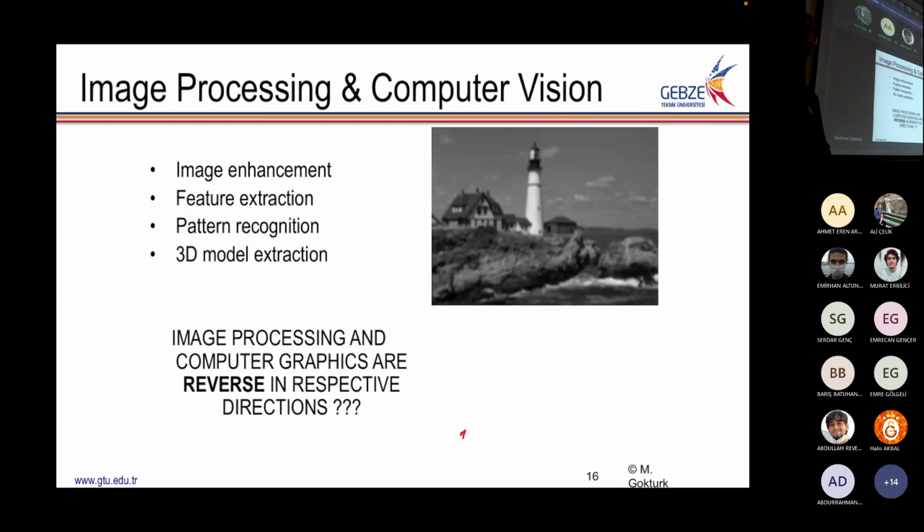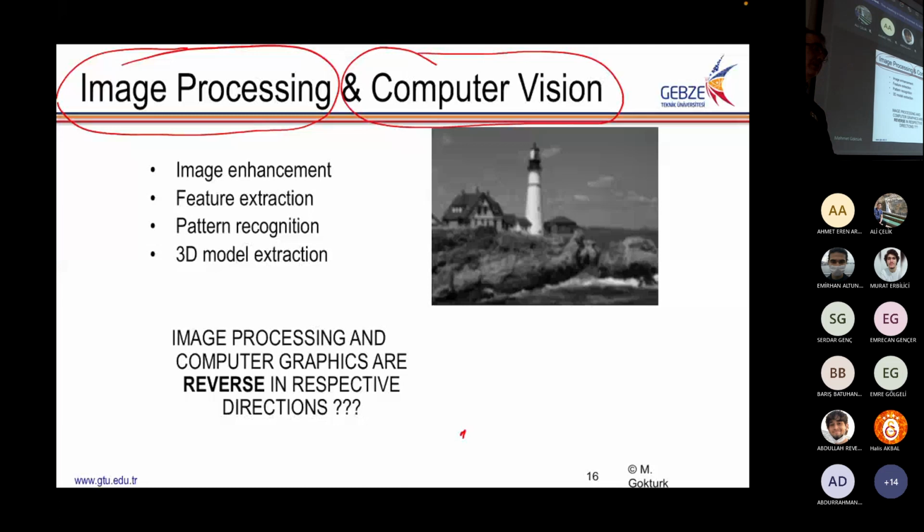A famous question that comes from students. There is a topic work area called image processing and computer vision. So we ask, what are you doing? I am onto computer vision. Okay. What are you doing?